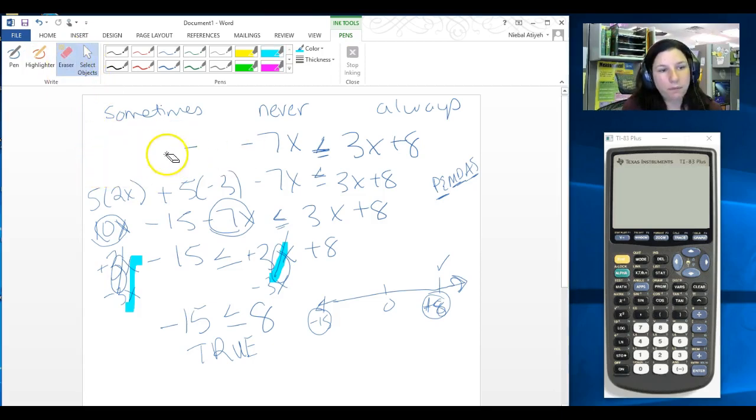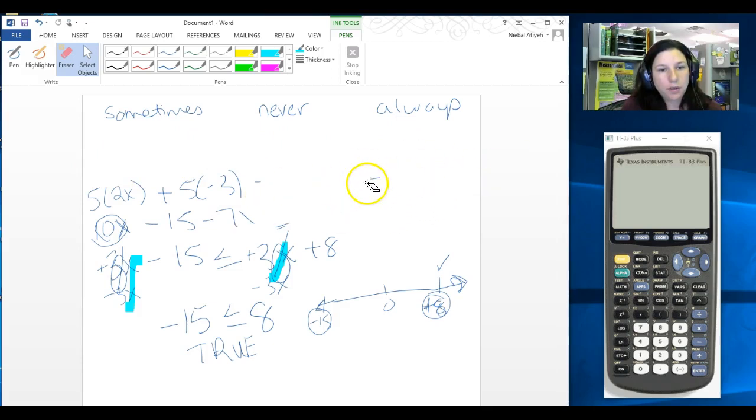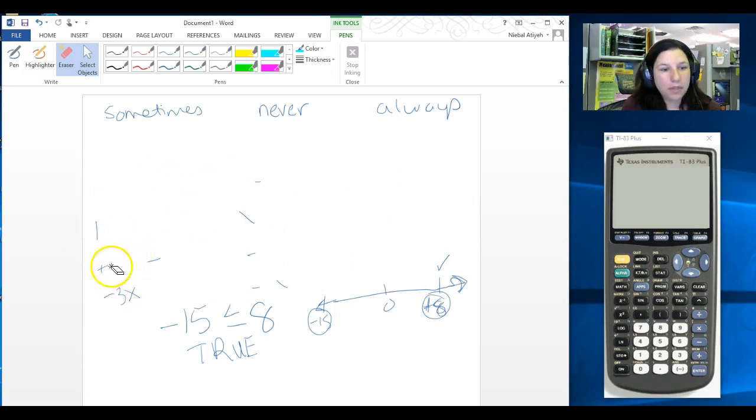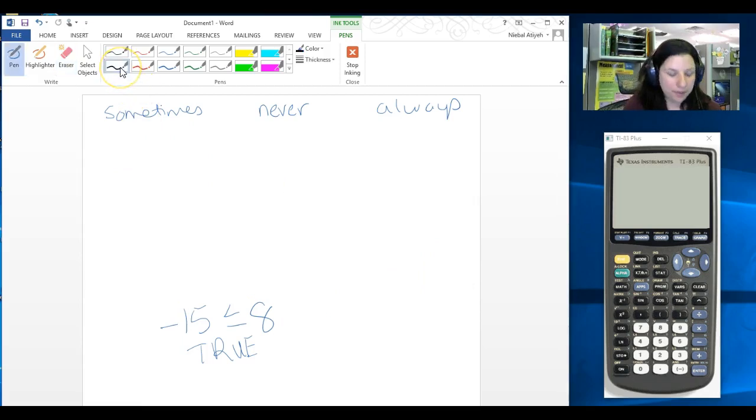What happens if your variables don't cancel out? Again, general rules: we're simplifying as much as possible. Look at the final statement. If it's a true statement, then it's always true. If it's a false statement, then it's never true. Let's see what happens if we don't cancel our variables.